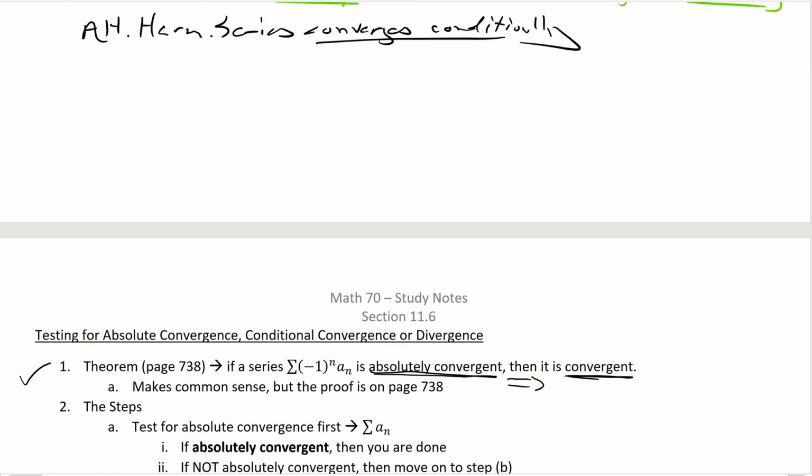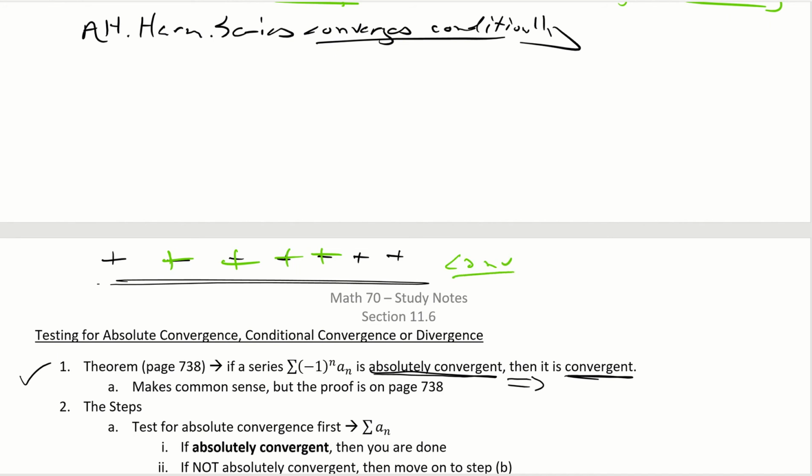There's a proof, I think, in the text, but what it's saying is, if you took a series that had positive and then negative, or maybe it alternates or whatever, and you wondered if they converge, if you make them all positive, and it still converges, that's a bunch of positive numbers being added together.